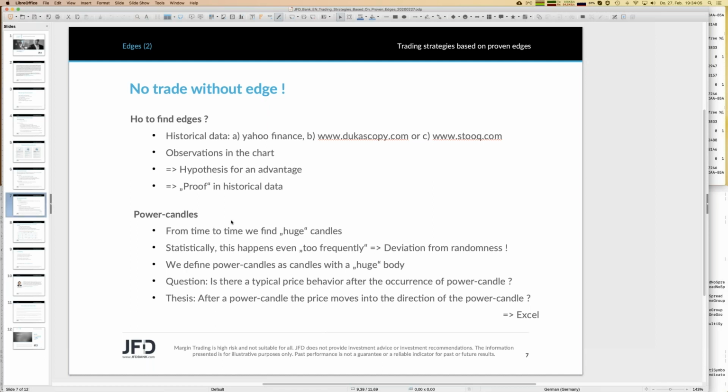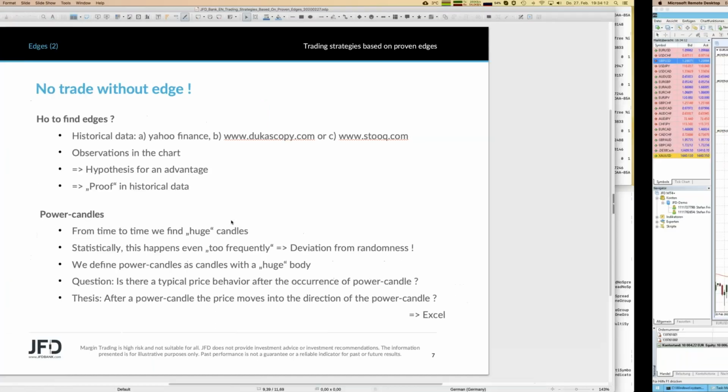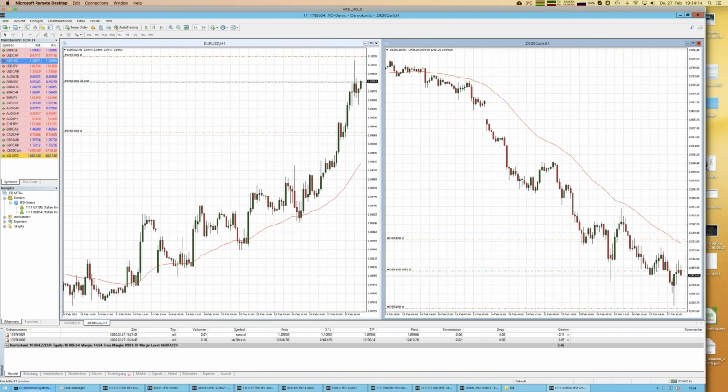From time to time, we find huge candles. For example, let me go back to the chart here, and we may think, okay, that's the H1 chart. We have a huge candle here, and then the price went further north. We have a huge candle here, which is an upside candle. Price moves north once again.